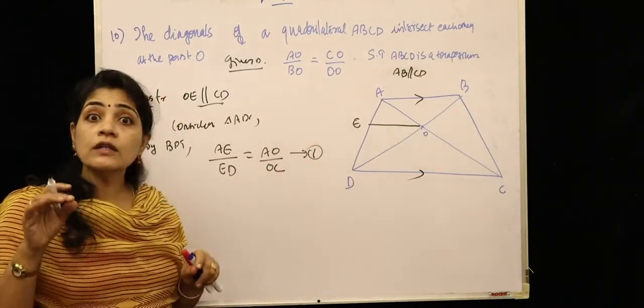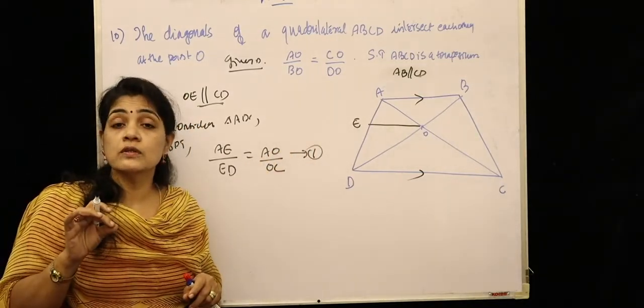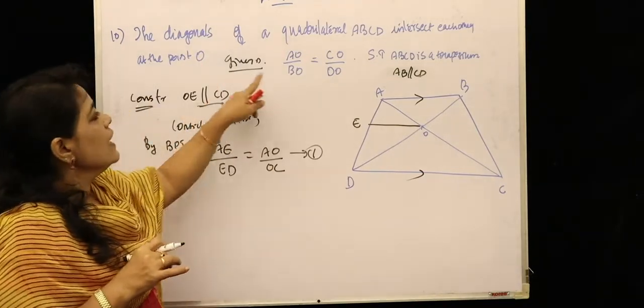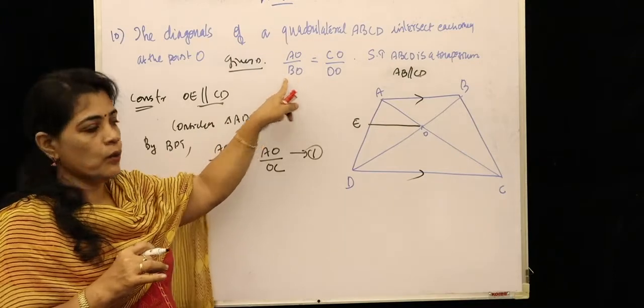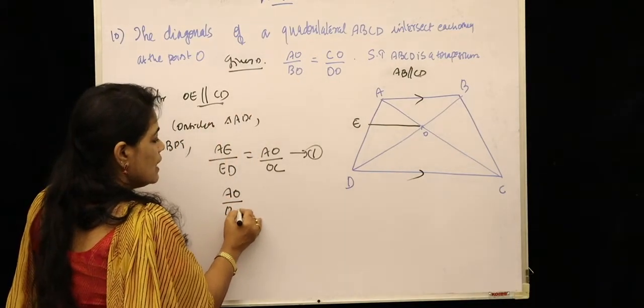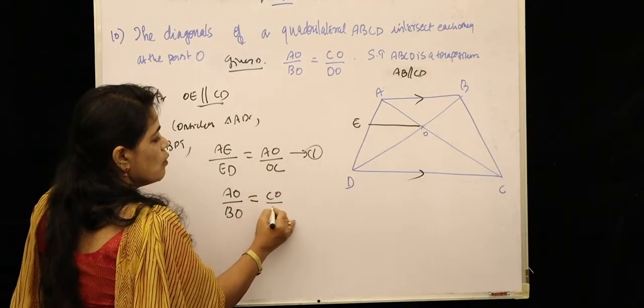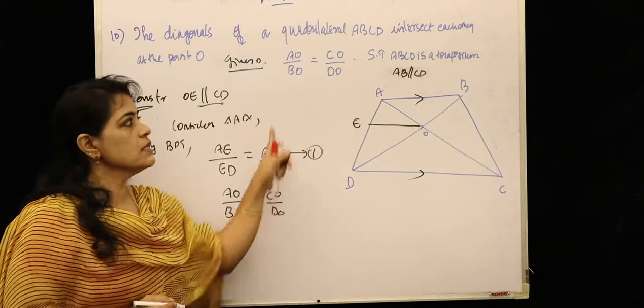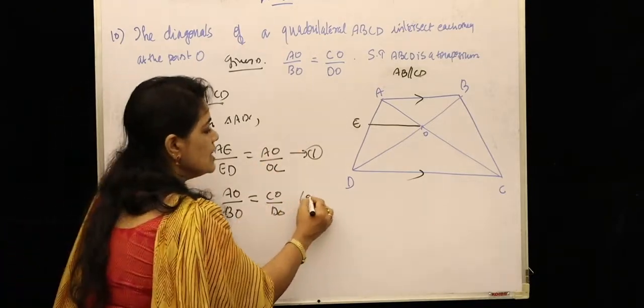See children, in all the problems we have to use what is given in the question. It is given that AO by BO equal to CO by DO. This is given.